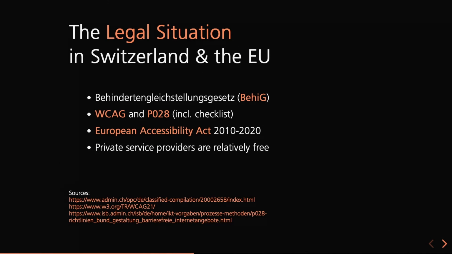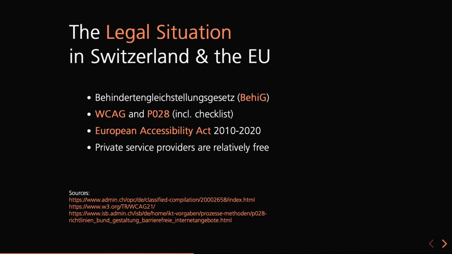So what they have is the PO28, which are some guidelines that the cantons, for example, have to fulfill when they develop an online service. And this guideline is based on the WCAG, which are the Web Content Accessibility Guidelines, which I will talk about later a bit. And they actually also provide a checklist to make sure it's accessible for everyone.